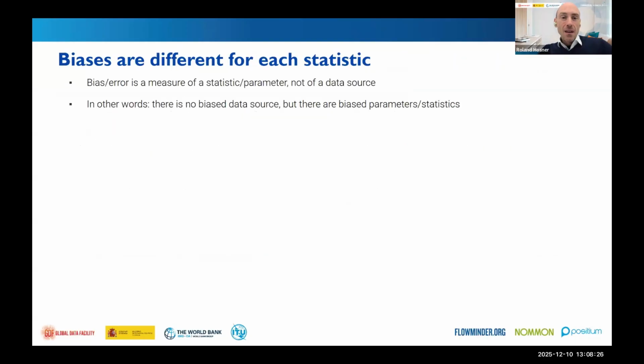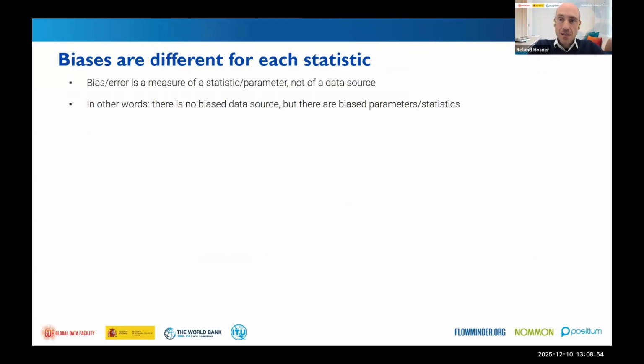Generally about biases, we should also be aware that there's not just one bias of one parameter, but biases will be different for each statistic that is produced, for each outcome or target statistic. And indeed, bias is a measure of a statistic or a parameter, not of a data source. It's therefore wrong to say the data source is biased.